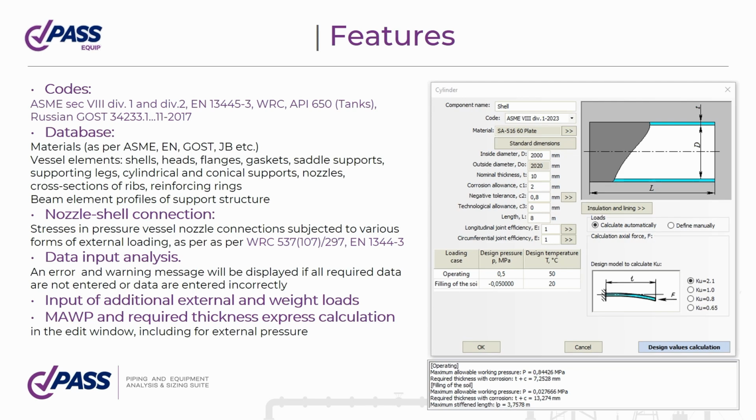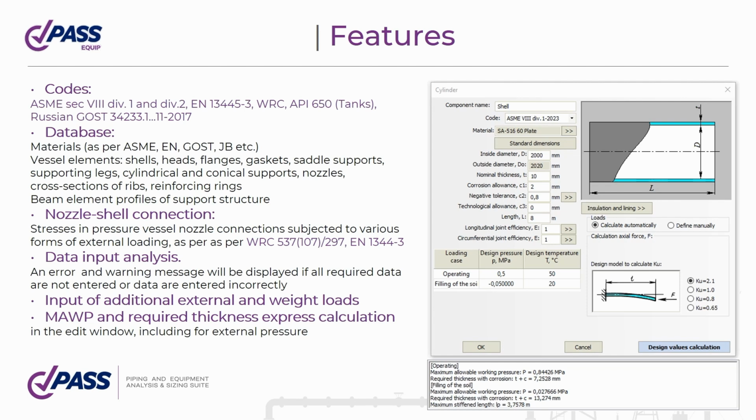There is a large database of materials and different elements, such as shells, heads, flanges, gaskets, saddle supports, supporting legs and lugs, skirts, nozzles, cross-section of ribs, reinforcing rings, etc. To calculate the nozzle from external loads, WRC 537, formerly 107, and EN 13445 are used.